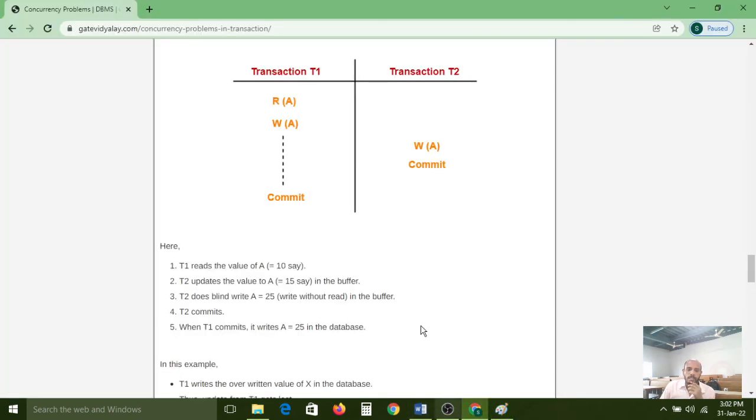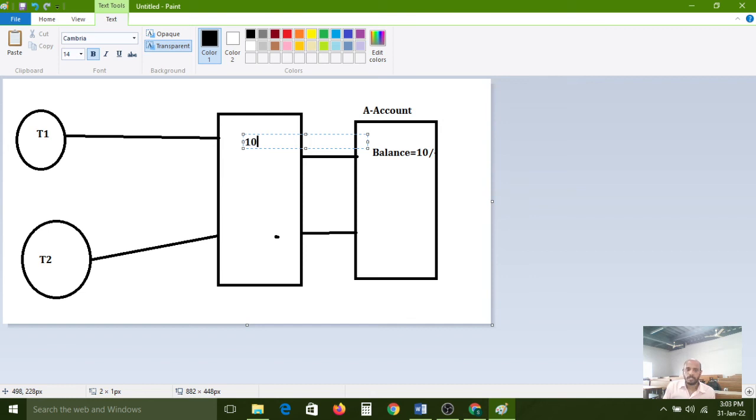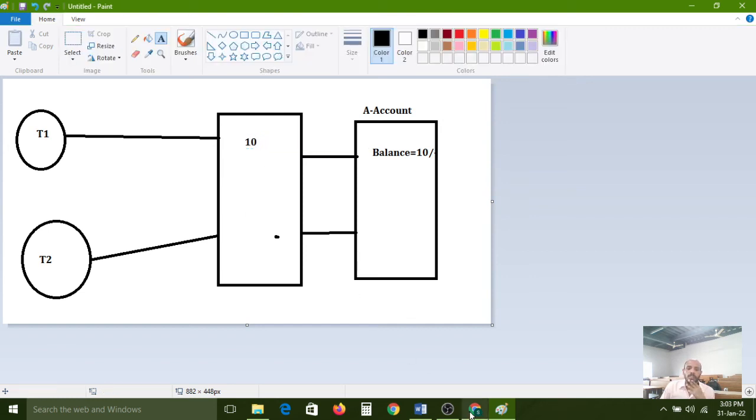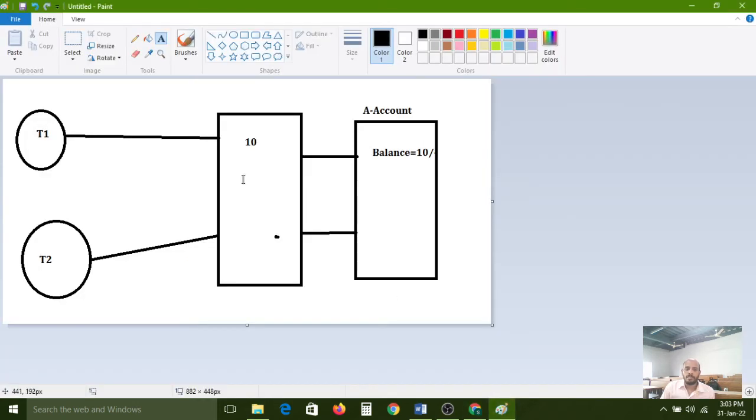Here carefully observe. First, transaction 1 does a read operation, read A, nothing but the 10 rupees it has stored. This is the first value. After that, the write operation is performed immediately: instead of 10, 15 he has written.